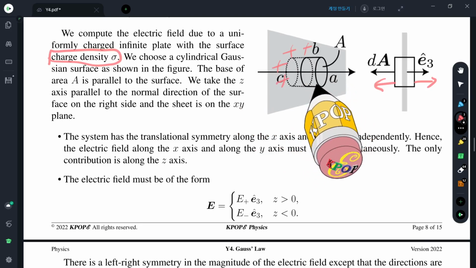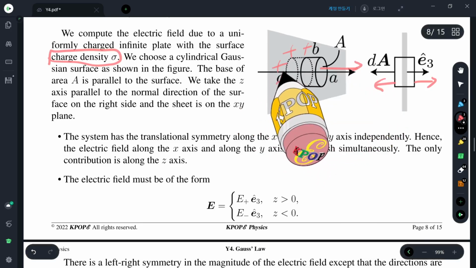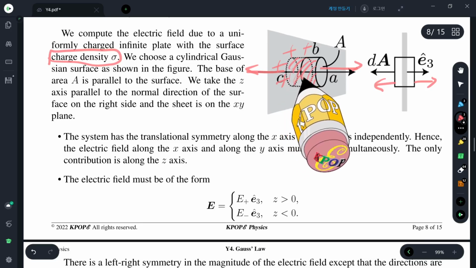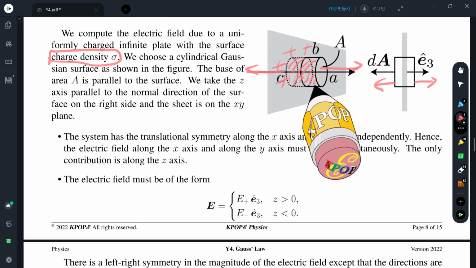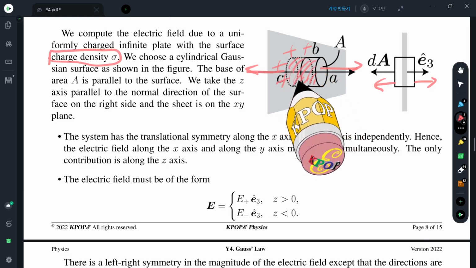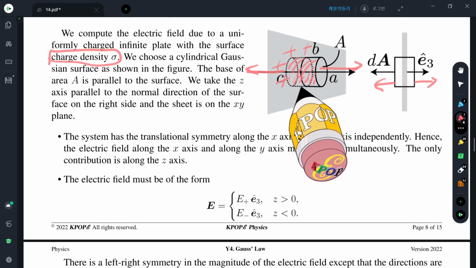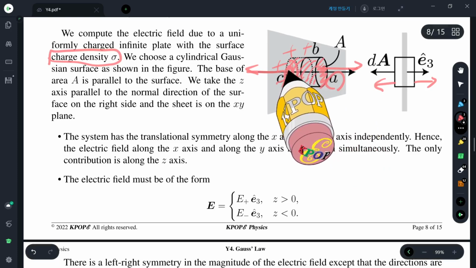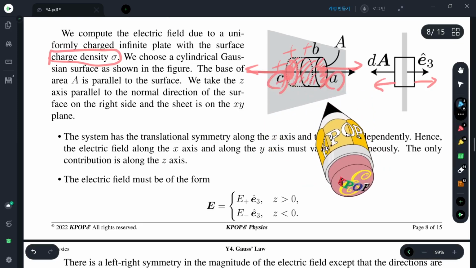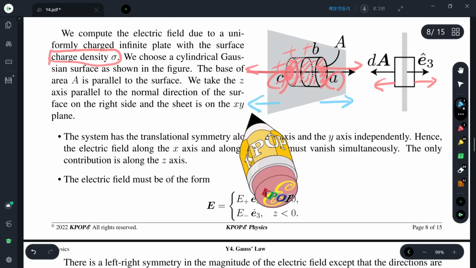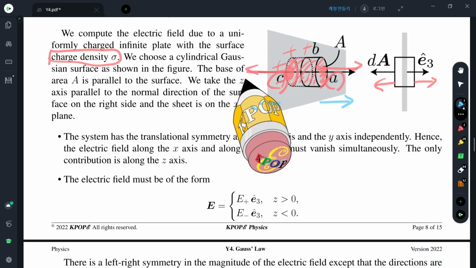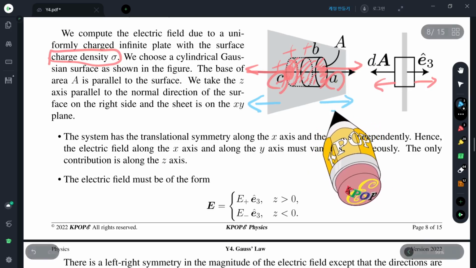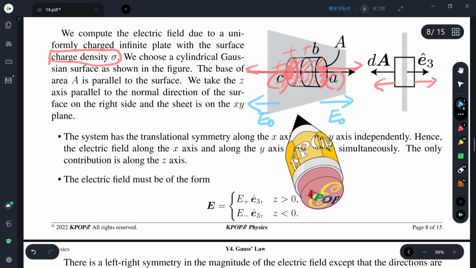Let's see, the electric field penetrates in both directions, but on this side there is no electric field penetrating the surface called B. So what we have to consider is the electric field passing through this side A and the other side called C. We know the electric field must be in this way, and because this distribution is uniform, the magnitude of the electric field must be E0 in both directions.